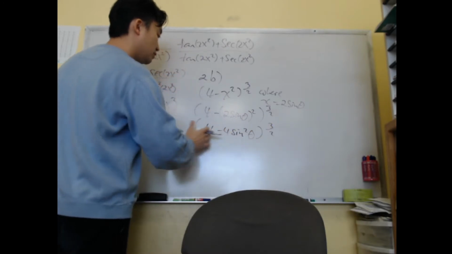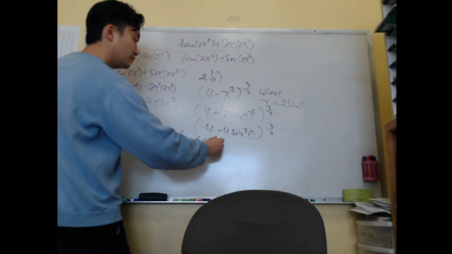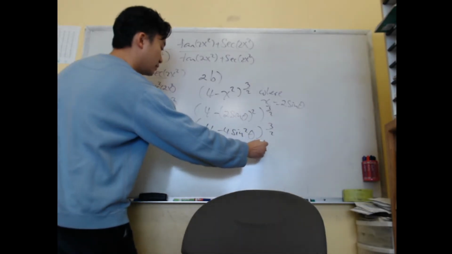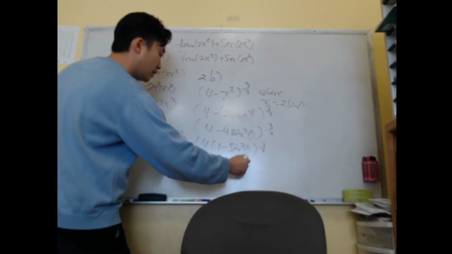Now, what can we do inside the parentheses right here? Anything that we can factor out? Anything that we can pull out. 4. Got 4 cosine square of theta to the power of 3 half.